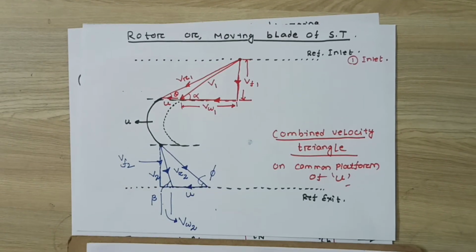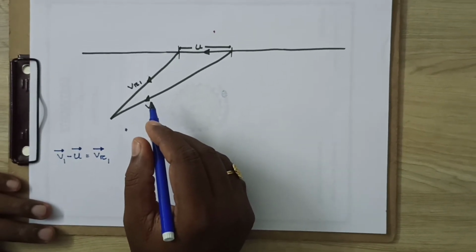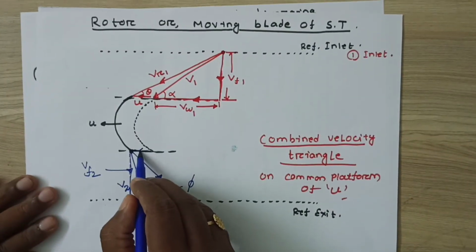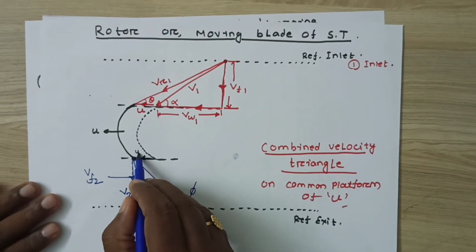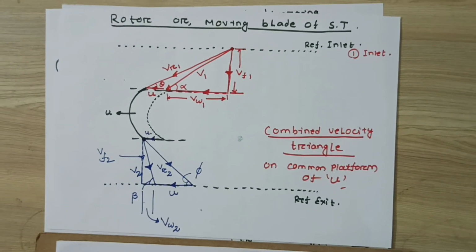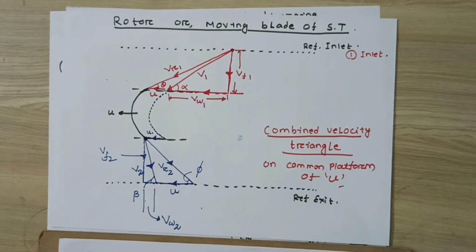Okay, how is it coming? You see, if this will be the direction of U, then from this head portion it is VR2.